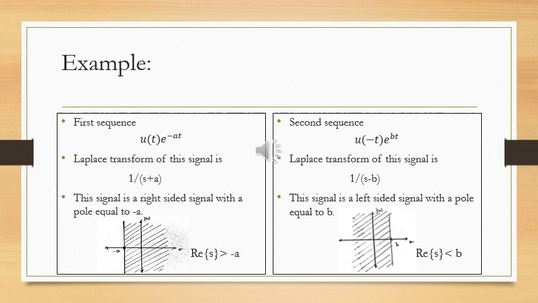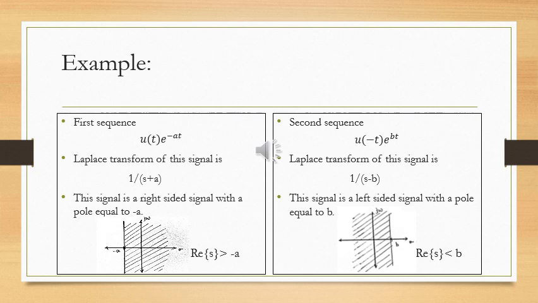Consider another signal e raised to bt u of minus t. For this, the Laplace transform is 1 divided by s minus b. Here, the signal is a left-sided signal since we have u of minus t.